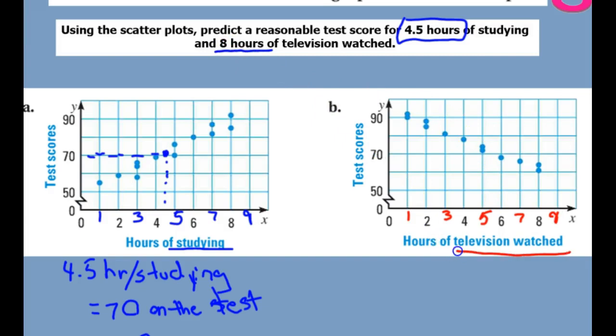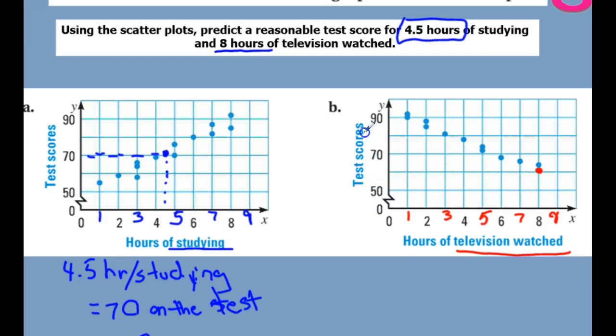So under the television watch side, we're looking for 8. So we have 8, and then we're going to go up until we hit our scatter plot, or our first dots. So maybe about there.